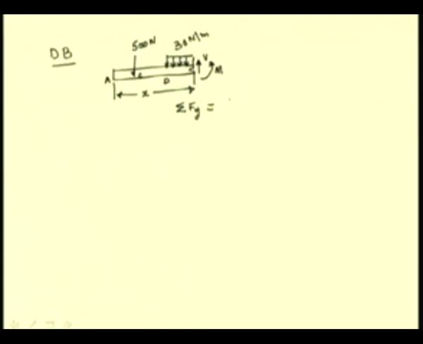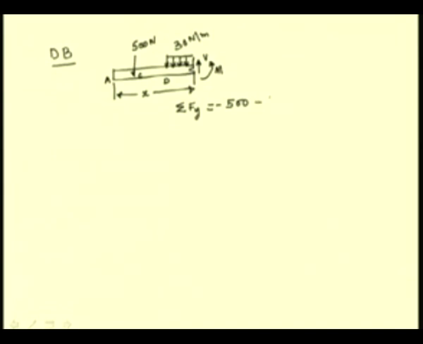So, from this we see that we have a 500 Newton force which is negative, and we have this 30 Newton per meter force acting for this distance.